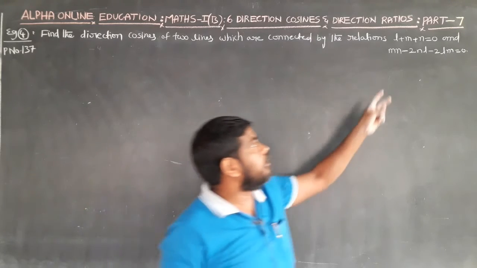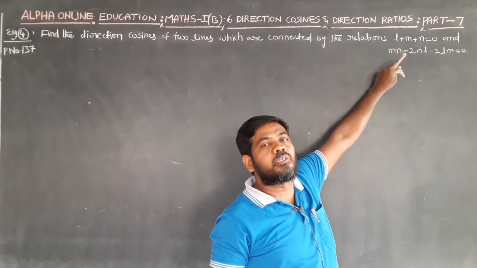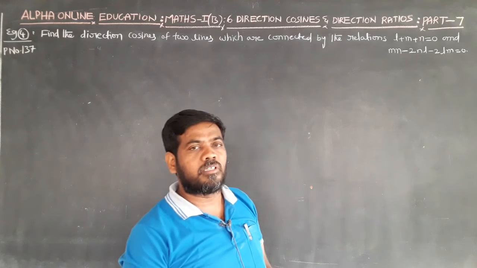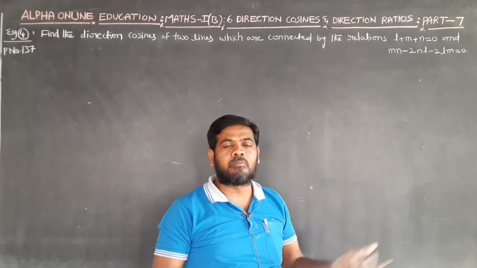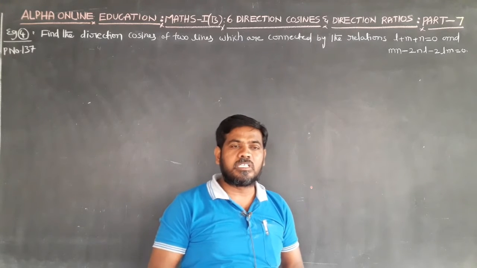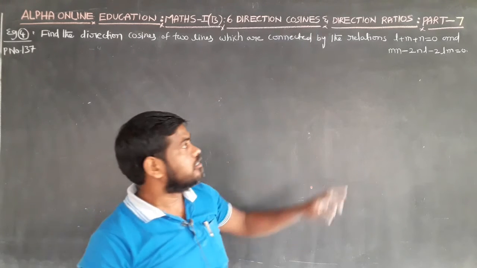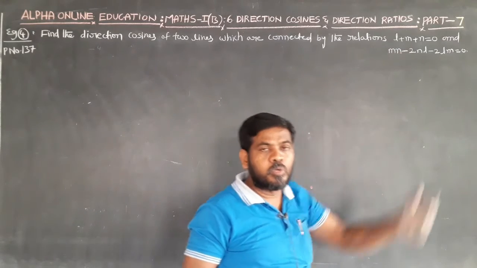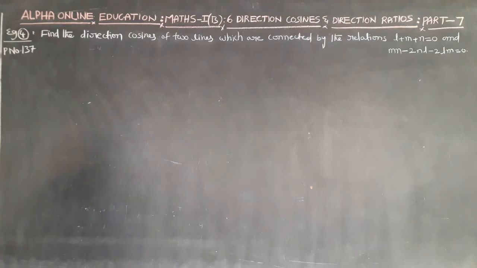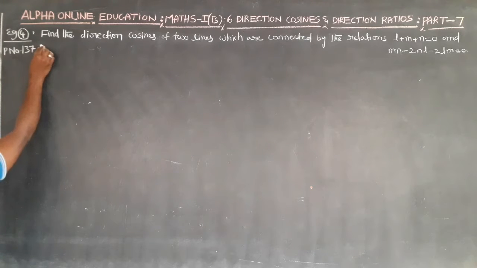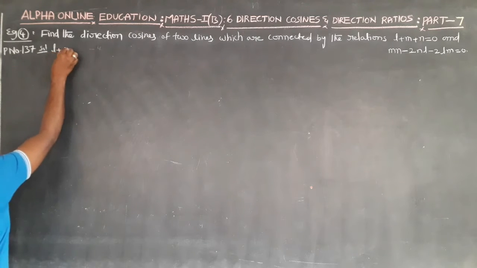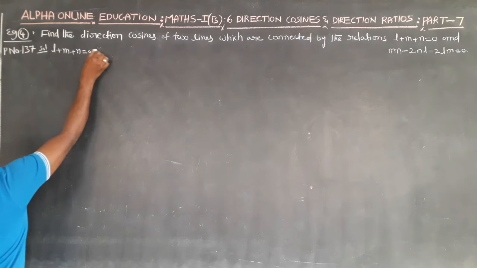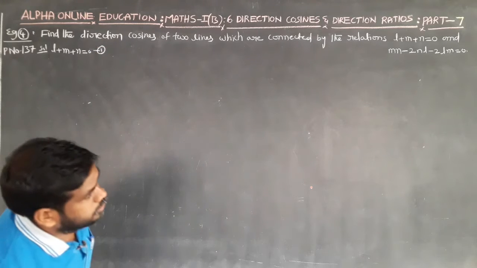Here, solving two relations, two equations, find the values L, M, N. L, M, N are the DCs of the lines. Solve 1 and 2, find the DCs of the two lines. Given equations: from 1, L plus M plus N is equal to 0.